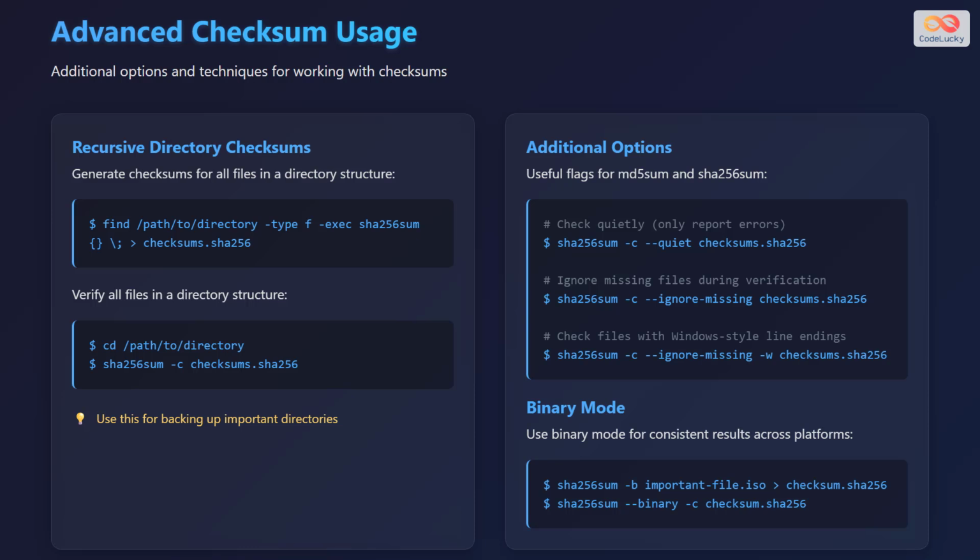To check files with Windows-style line endings, use the -w option with the command sha256sum -c -w checksums.sha256. To ensure consistent results across platforms, use binary mode with the command sha256sum -b importantfile.iso > checksum.sha256. And then use the command sha256sum --binary -c checksum.sha256.